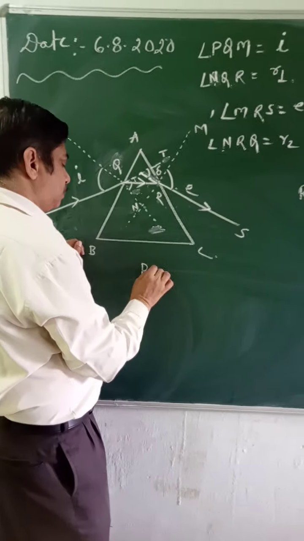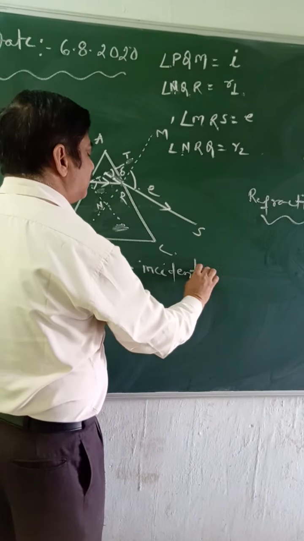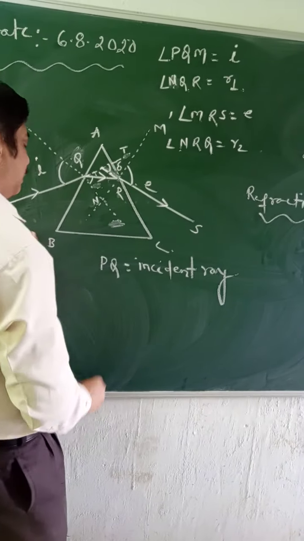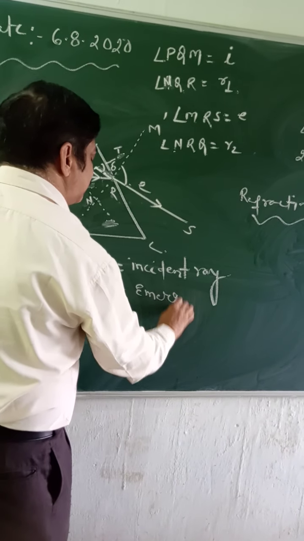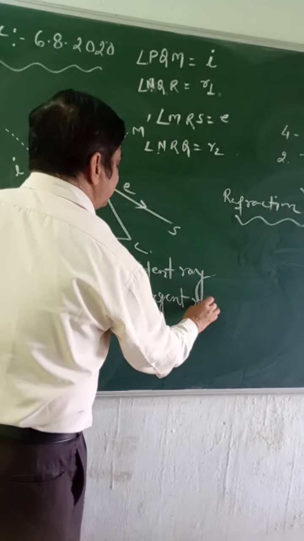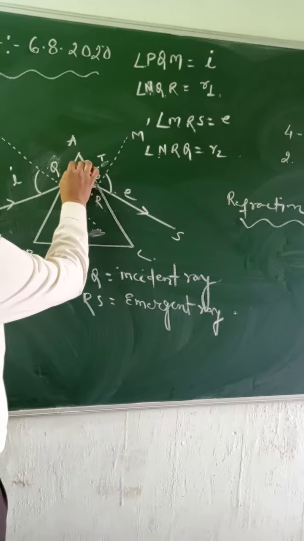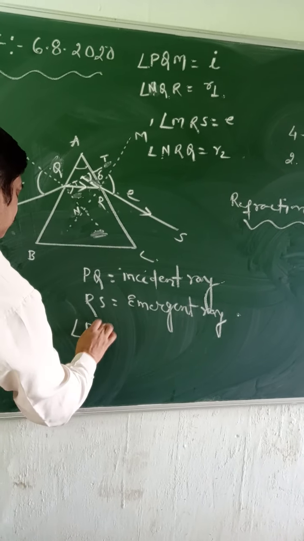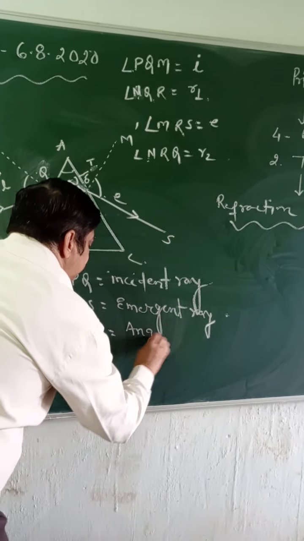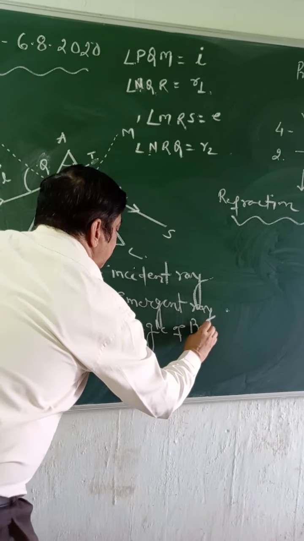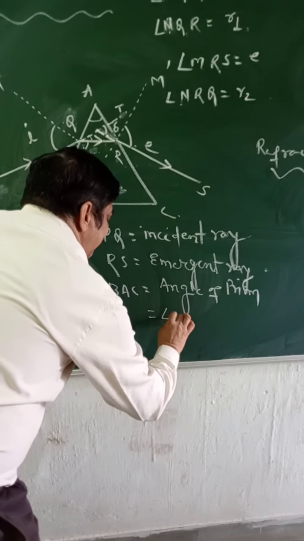PQ is the incident ray, RS is the emergent ray, and this angle BAC is known as the angle of prism, and this is the same as the angle A also.